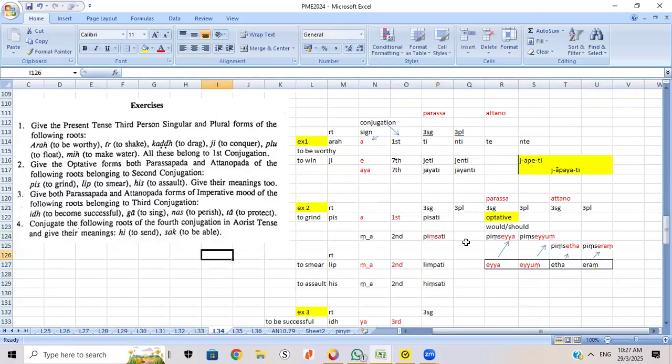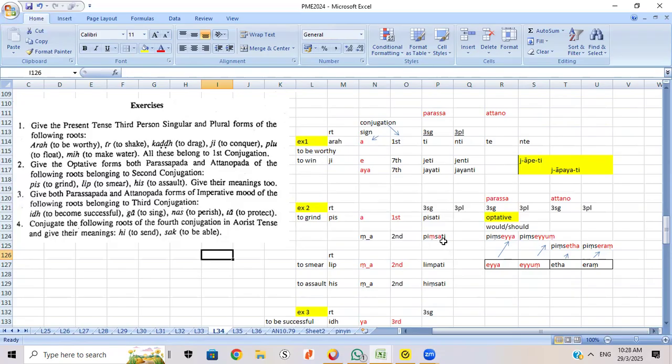So the whole idea to form an optative: make sure that for all Pali words, you know the third person singular. The moment you know the third person singular, you're able to form your optative.